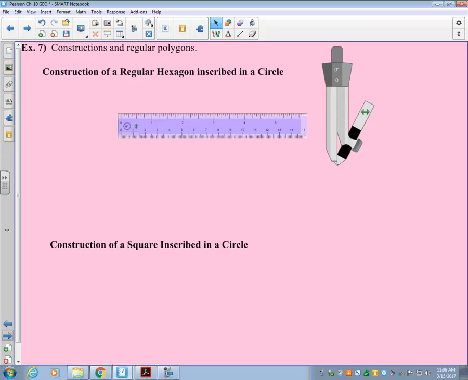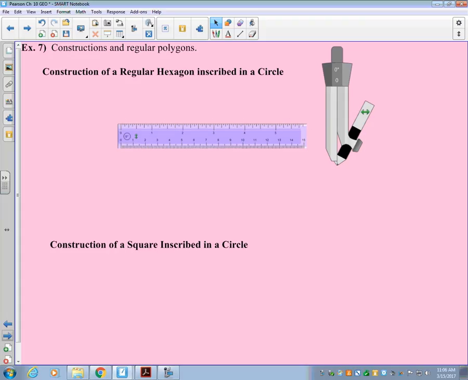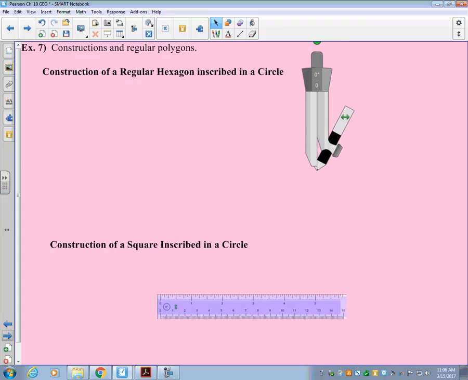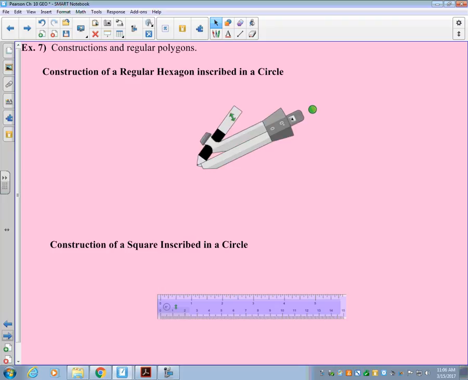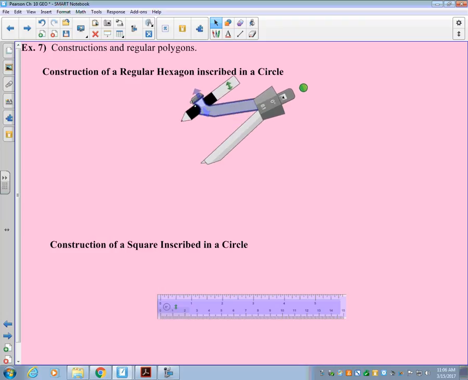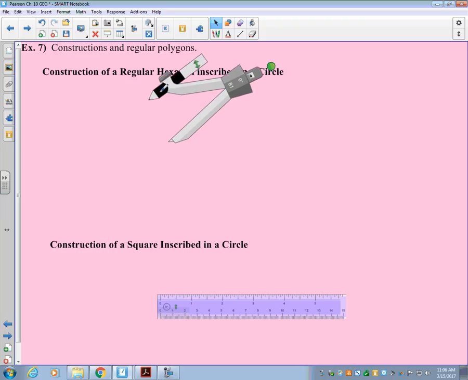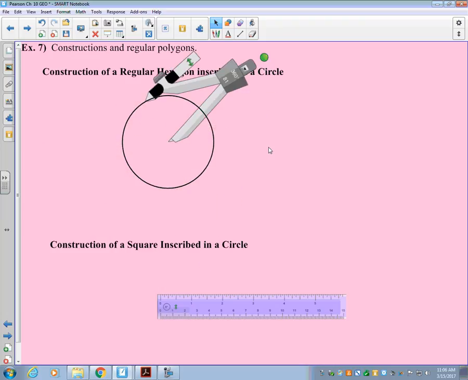All right, when you guys get your compass, put a circle of your choosing. It just has to fit in this area here.